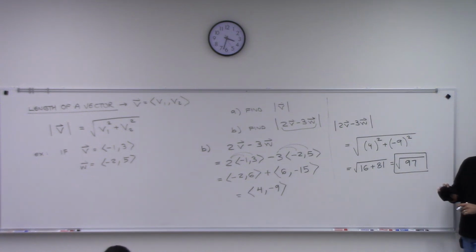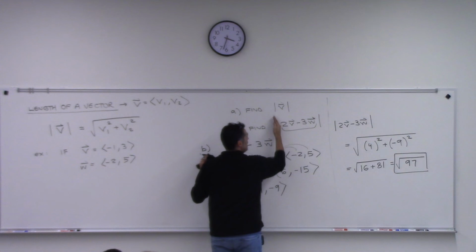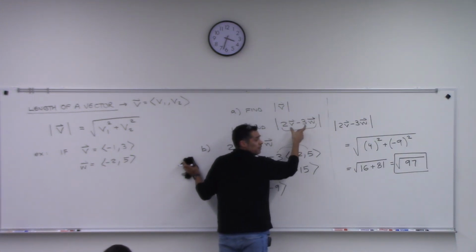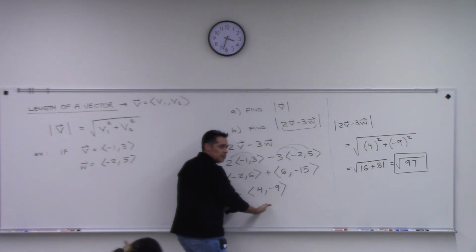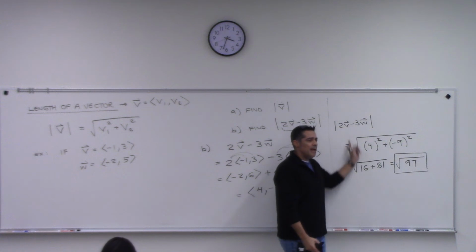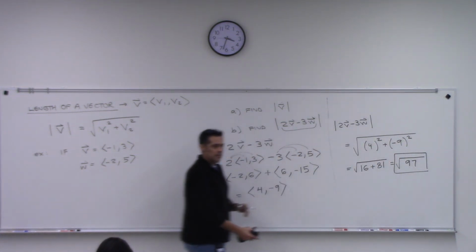Is that still part B? Yep, for part B I needed to find the magnitude of this vector. The first thing I did is find what the vector is. Once I found the vector, I used the formula to find the magnitude of any vector, which is that right there. Clear?